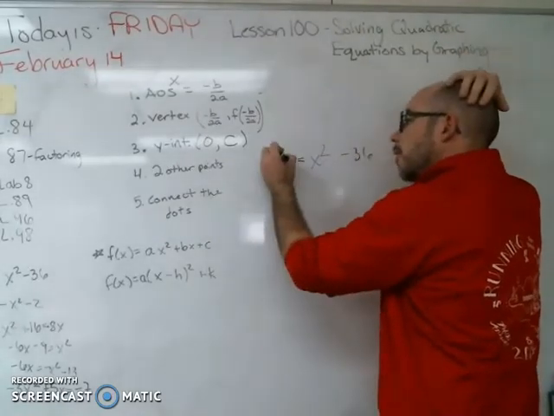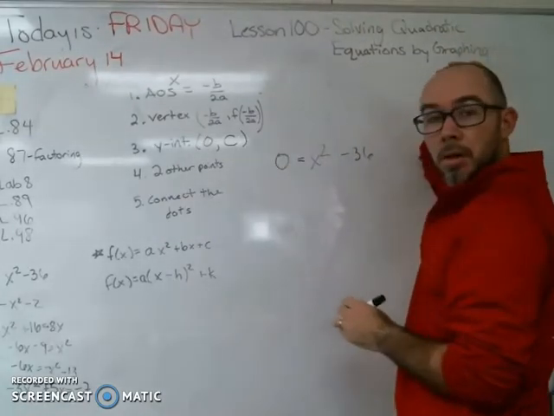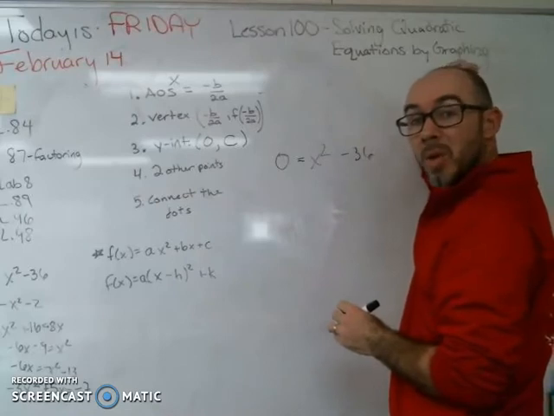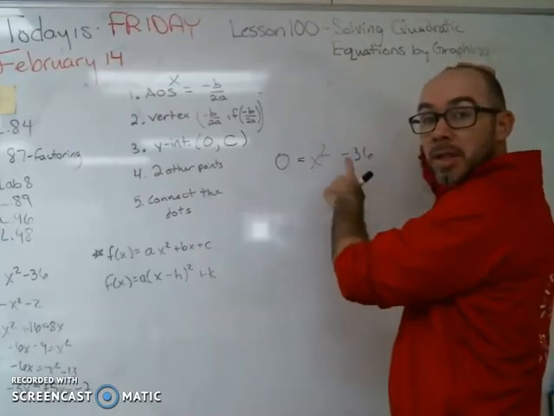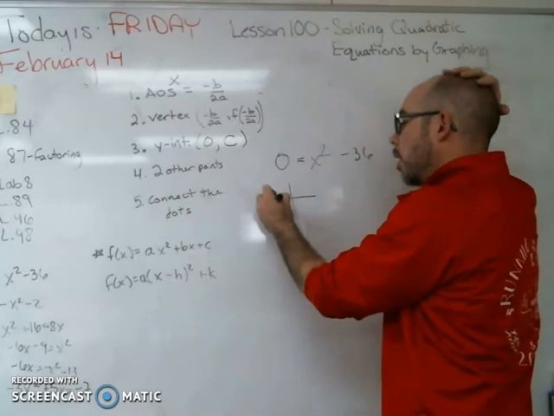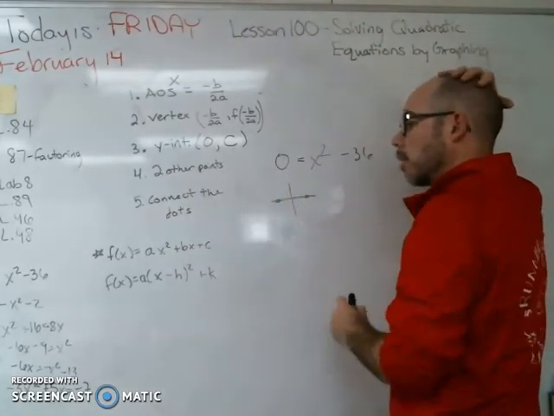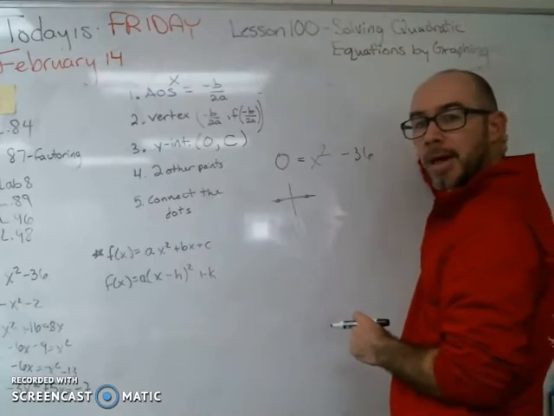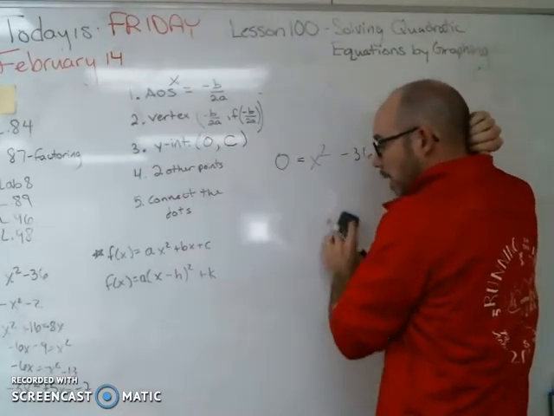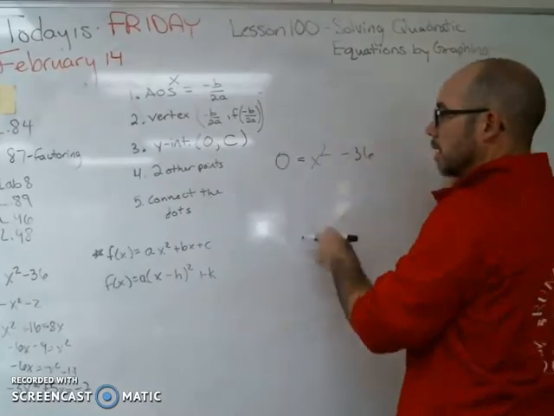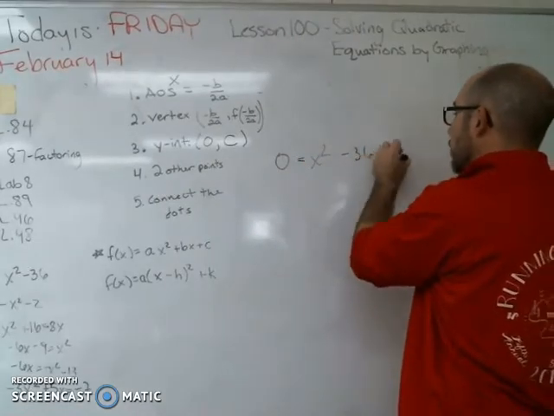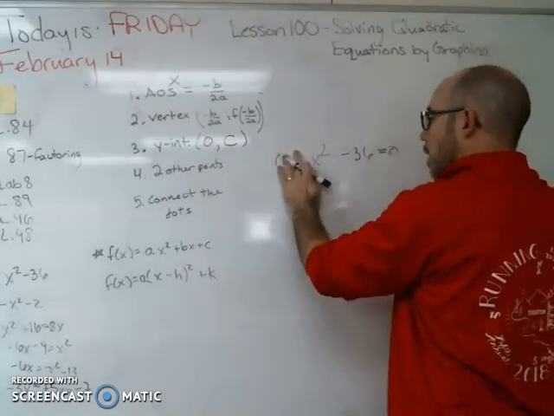That means we're looking for where we're at y equals 0, or where this equation equals 0. On the graph, we're talking about the x-axis. We're talking about what points on the parabola cross the x-axis. So we add this equals 0 business, either on this side or on this side. If that makes you happy, then go ahead and do that.